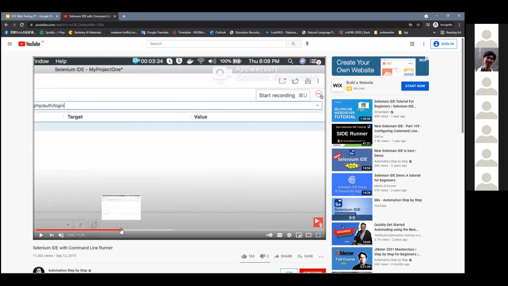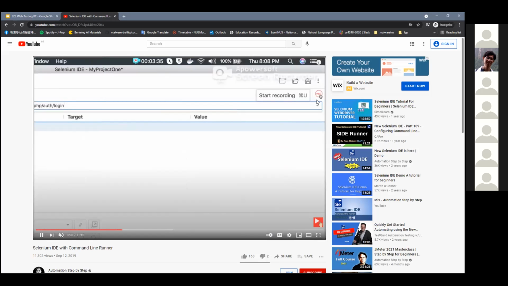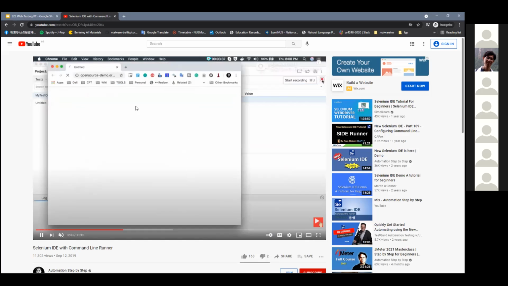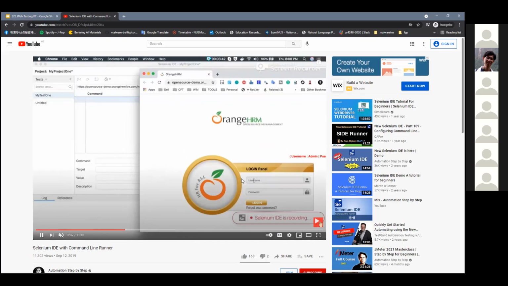Okay, so this is what the Selenium IDE looks like. You enter a URL and then you start recording, and then it will open up the web page. All the actions you perform on the web page will be automatically recorded in the Selenium IDE. So if you click the username box, it will be displayed.